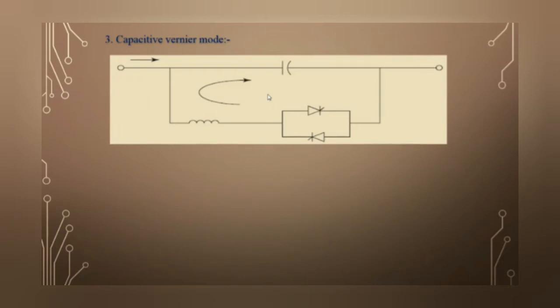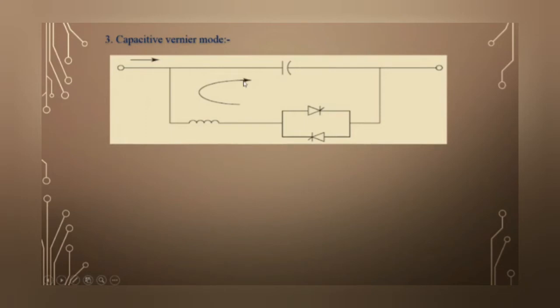However, a smooth transition from the capacitive to inductive mode is not permitted because of the resonance region between the two modes. So during the capacitive Vernier mode, the thyristors are fired when the capacitor voltage and the capacitor current have an opposite polarity.